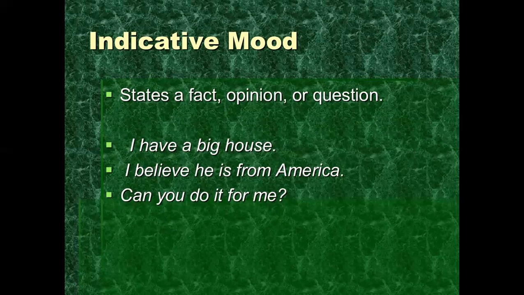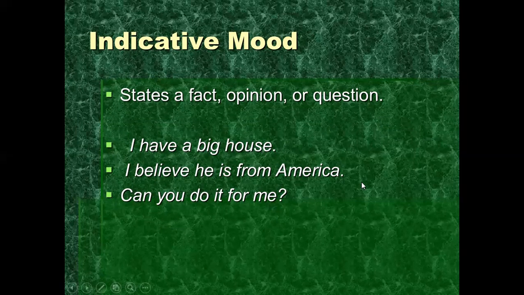Now, if you look at these three sentences, we can see that the first one, I have a big house, is presenting a fact about the subject I. Here, the subject I is telling us that he has got a big house.